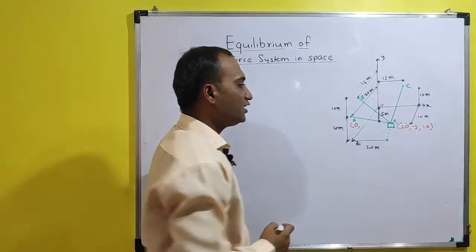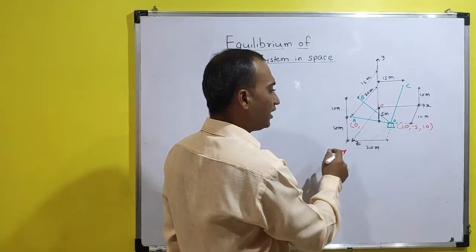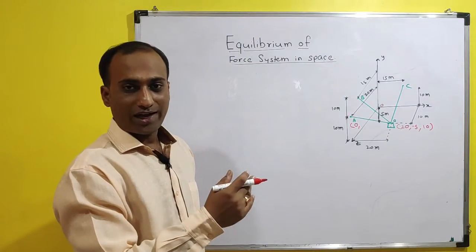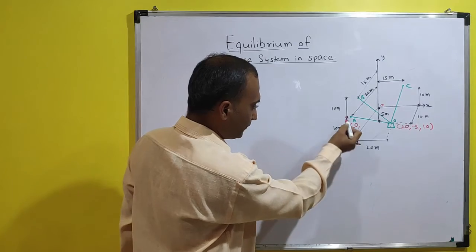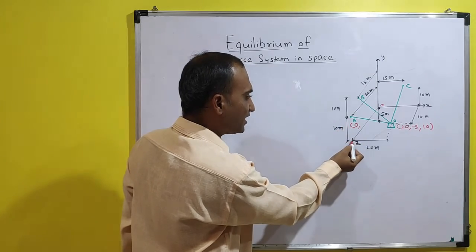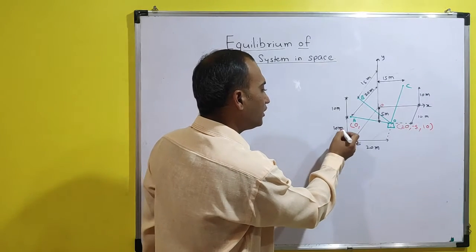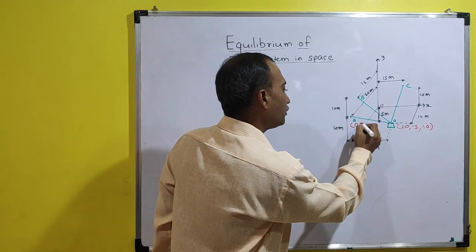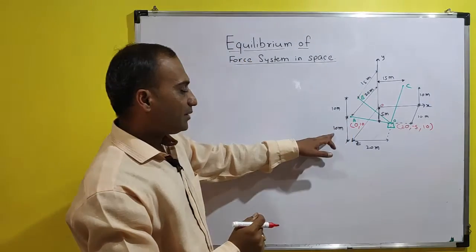So X distance is 0 and then Y. For the Y we have to see the parallel line to the Y and which relates to the point A. So here we can see this is the 10 meter height from the Z axis. Z is also perpendicular and hence it is the 10 meter. From the Z axis in the positive Y direction it is 10 meter.